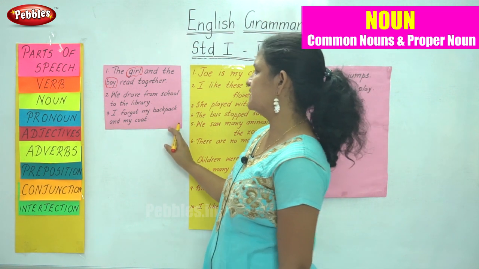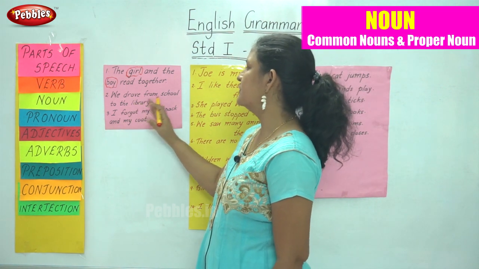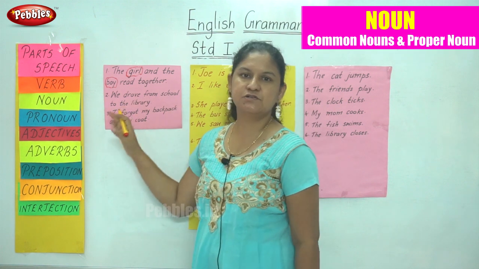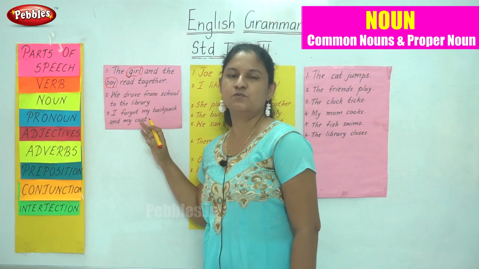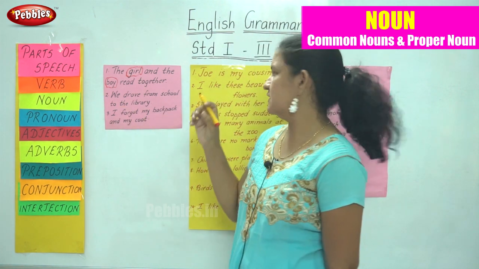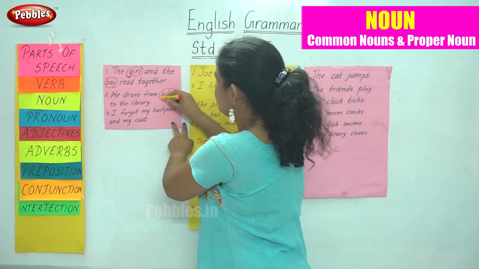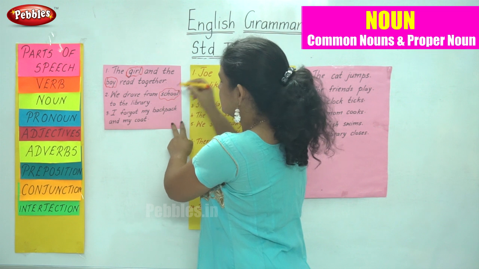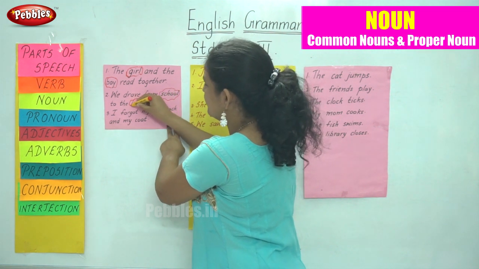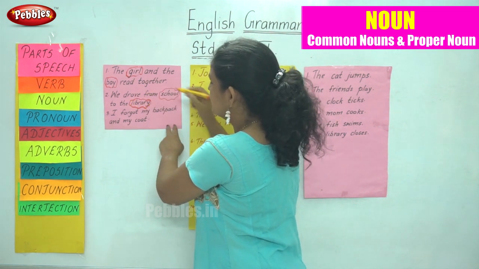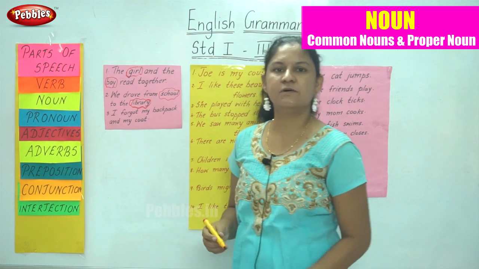In the second sentence, we drove from school to the library. So what are the nouns here? Library and school are the nouns found in the sentence. So these are names of places.